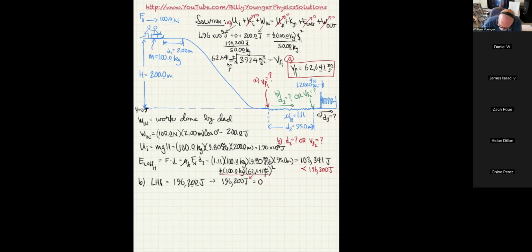So I'm going to say 0 for that. Plus, I have kinetic energy final. Yes, I'm definitely going to have that, and that'll be 1/2 times 100.0 kilograms times, in this case, what we called VF2 squared. So that gives me the kinetic energy final. There is going to be an E loss, and we already calculated that. So I'm going to say plus 103,341 joules. Again, treating those as non-significant figures, and then plus 0 because there's no work out.